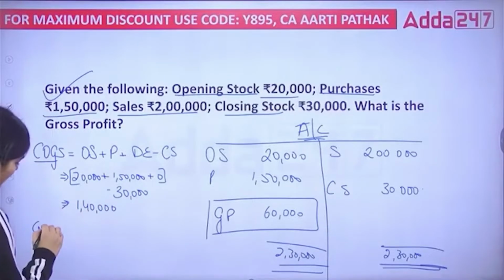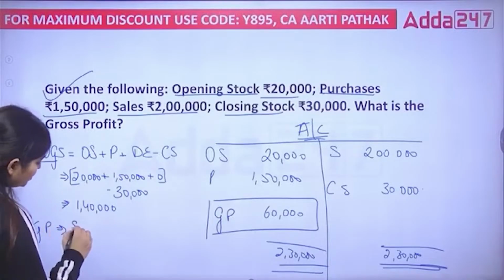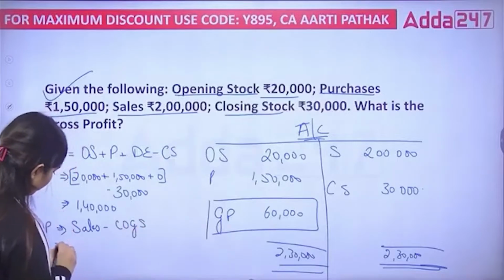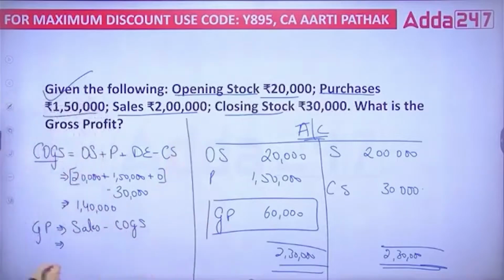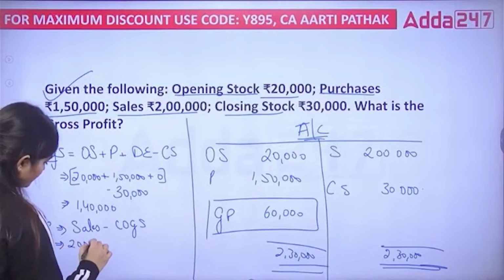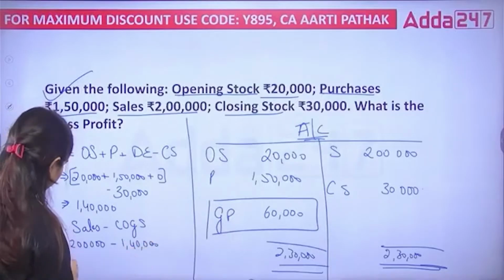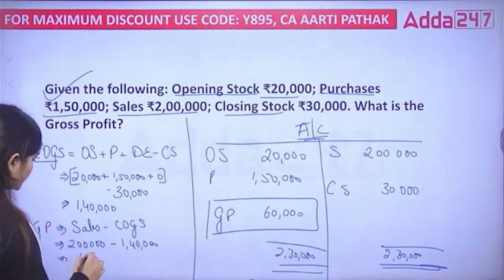Now if you want to calculate gross profit, use your sales amount minus COGS amount. Yes. So sales amount is 2 lakh minus 1,40,000. So your answer is going to be 60,000.